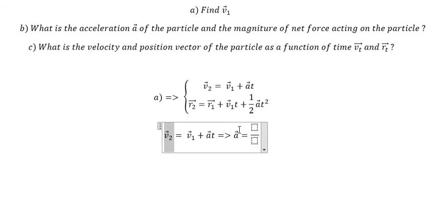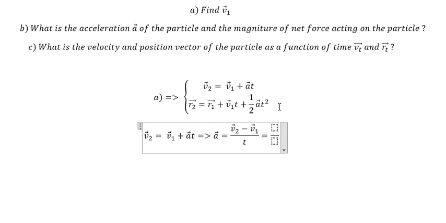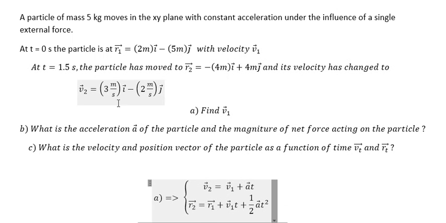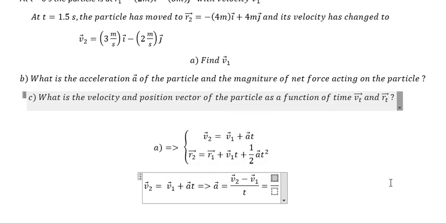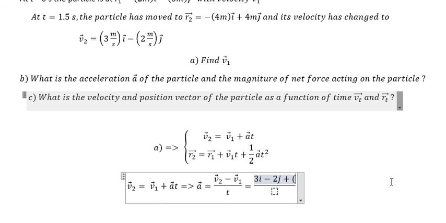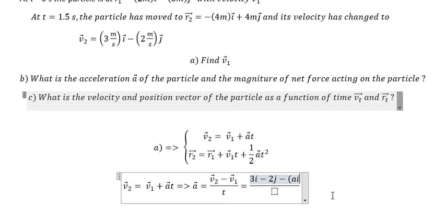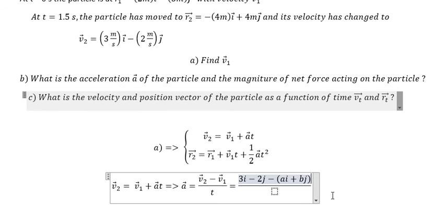So we have v2 minus v1, divided by t. For v2, we know that it is 3i minus 2j. For v1, we put ai plus bj. a and b are unknown numbers, that's why we need to find them. For t, we put 1.5.